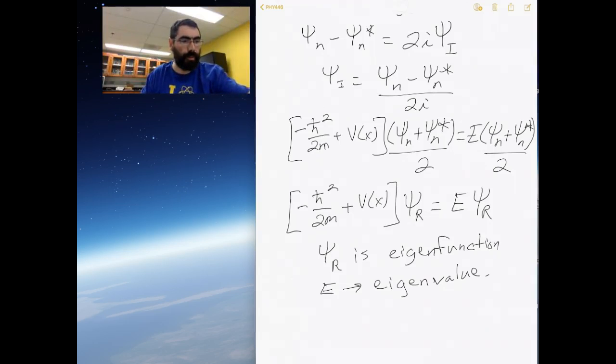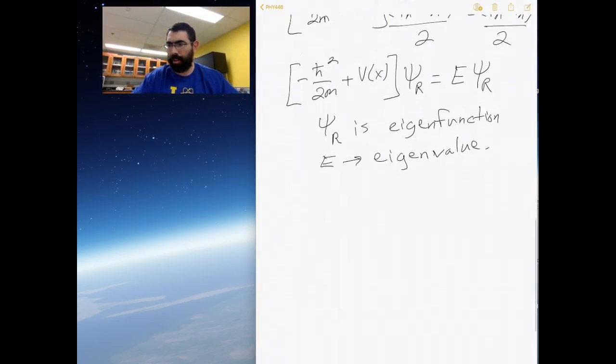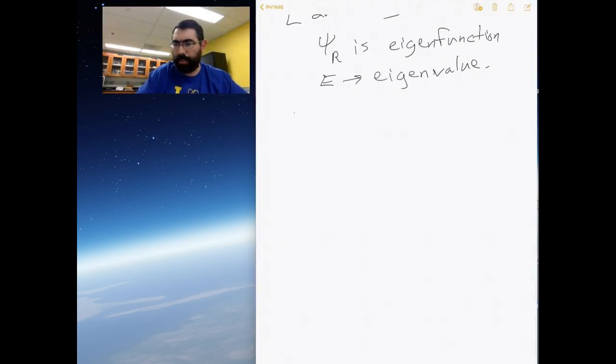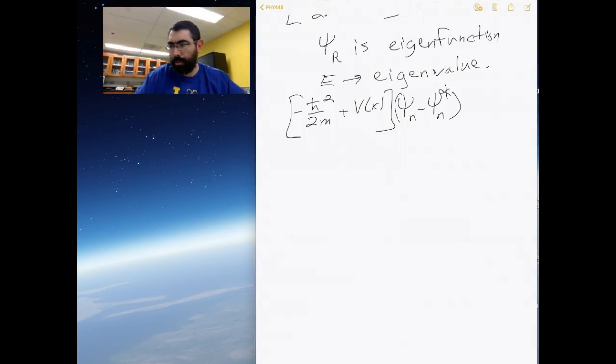I could do the same thing with the imaginary part. So let me take those two original equations and subtract them. When I do that, I get the Hamiltonian operator on psi n minus psi n star is equal to the energy times the difference in those wave functions.